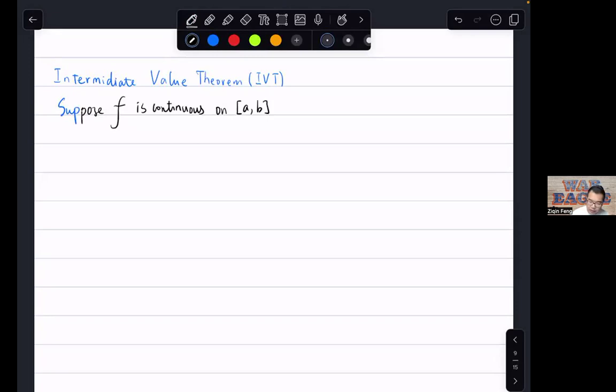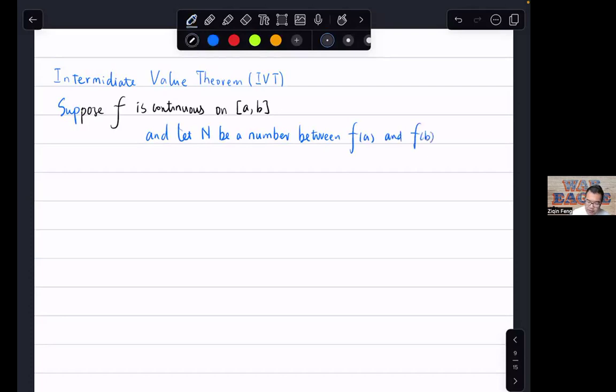We have one more assumption: let capital N be an arbitrary number between f of A and f of B.